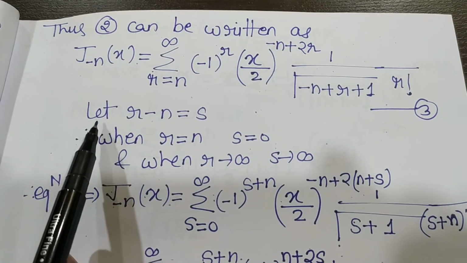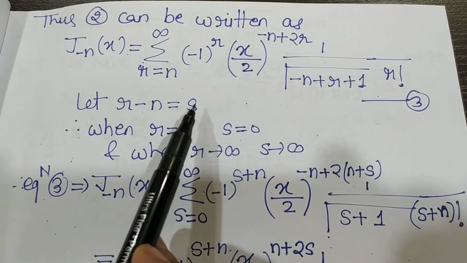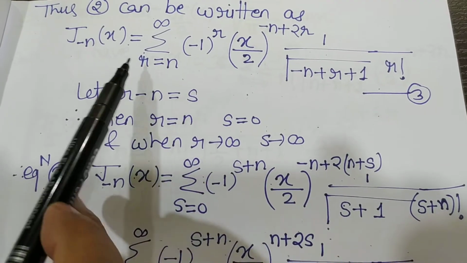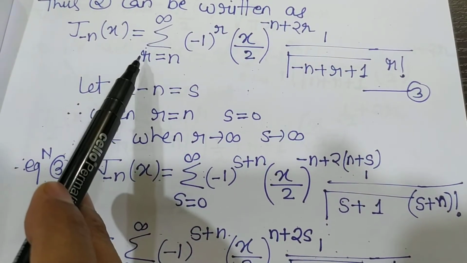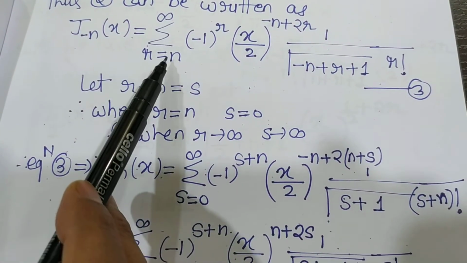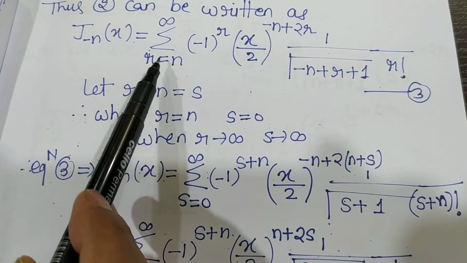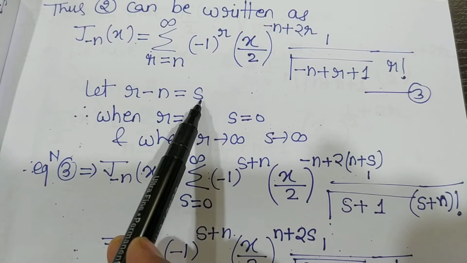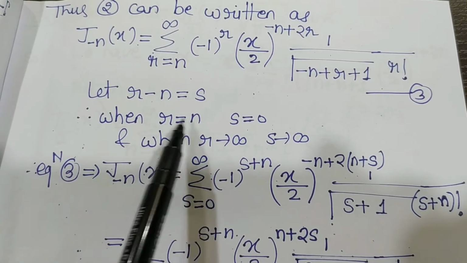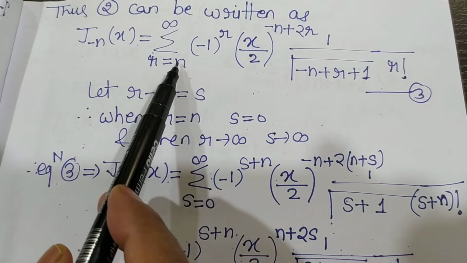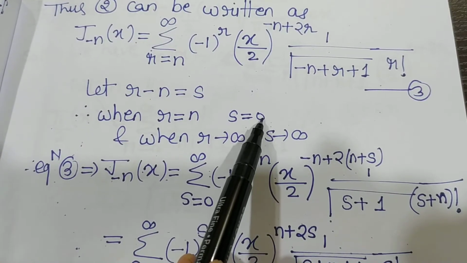Now, let r minus n equal s. As for a Bessel's function, the summation should start from 0 to infinity, so we take r minus n equal to s. Now when r is equal to n, s will become 0.